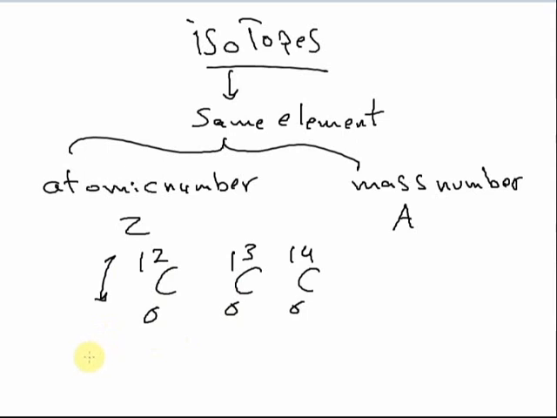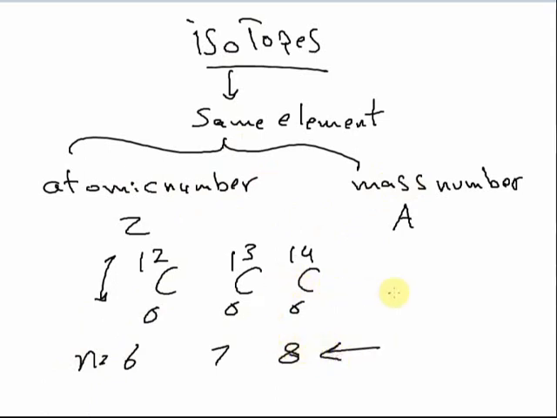The number of neutrons in the first one equals 6 and the number of neutrons in the second equals 7, while the number of neutrons in the last one equals 8. So the number of electrons equals 6 and the number of protons equals 6 for the three isotopes, but the number of neutrons are different. Okay, so the isotopes are the atoms of the same element which are equal in the atomic number and differ in the mass number due to the difference in the number of neutrons.